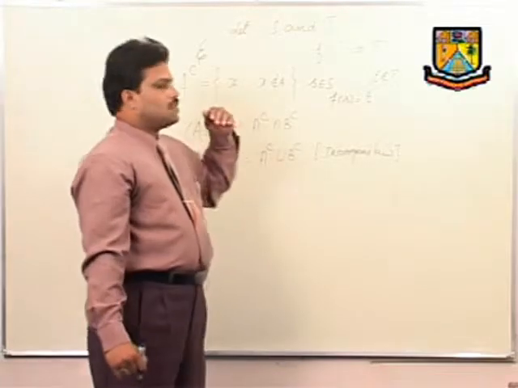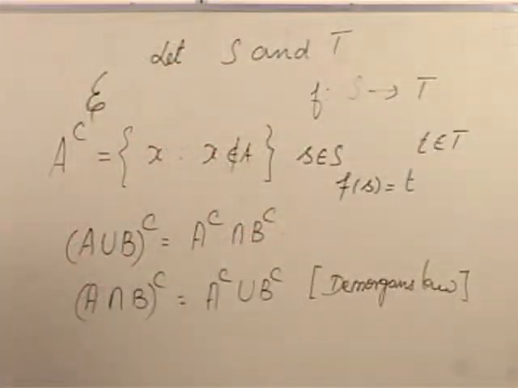Now we define when this function is 1-1, or the other name for that is injective mapping.